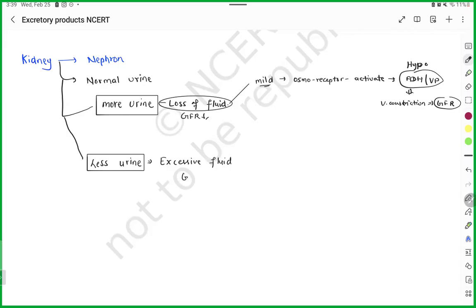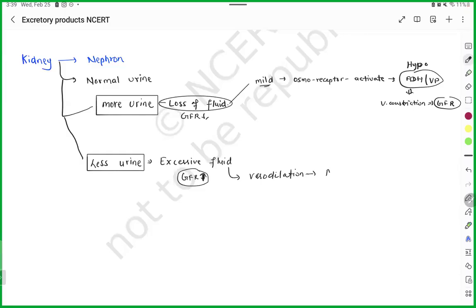If GFR is more, what will happen in this situation? You want to reduce it. How to reduce? By vasodilation. How will this vasodilation happen?